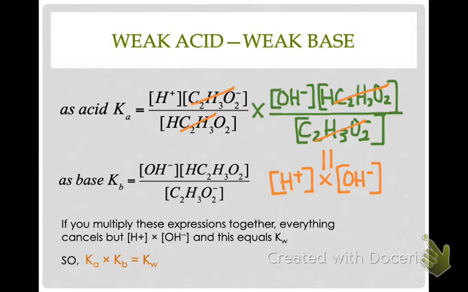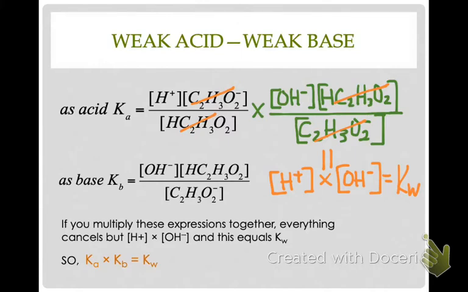And so that is why we can say Ka times Kb equals Kw, because in essence we're saying the hydrogen ion concentration times the hydroxide ion concentration equals Kw as well.